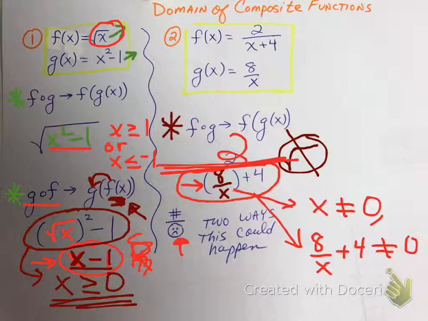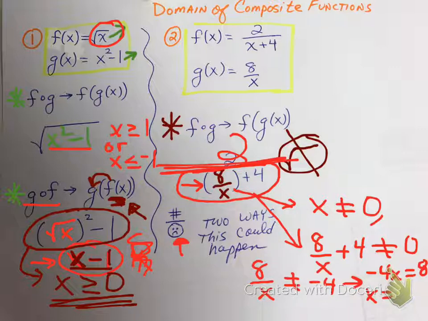Now if you algebraically solve that, I'm going to subtract 4 from both sides. Okay, I'm running out of space here. If I cross multiply, I get that, and x equals -2. Matter of fact, I don't want x to equal -2.